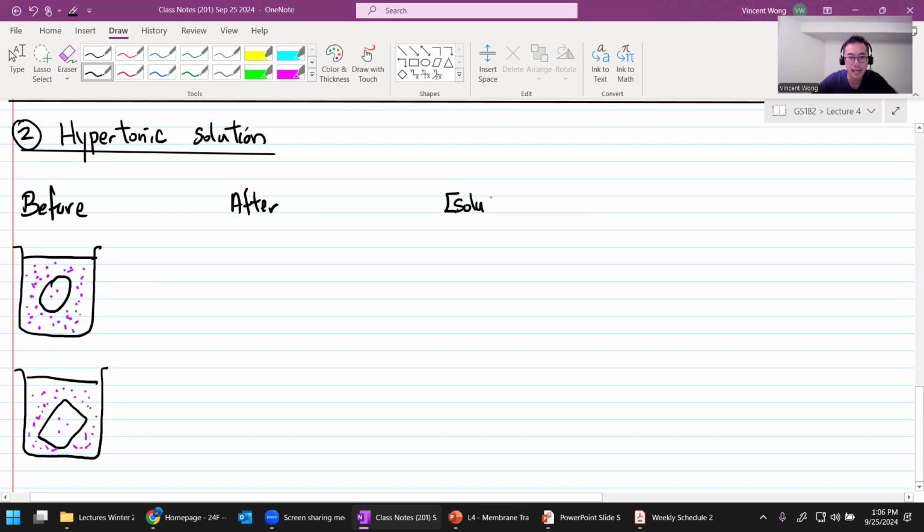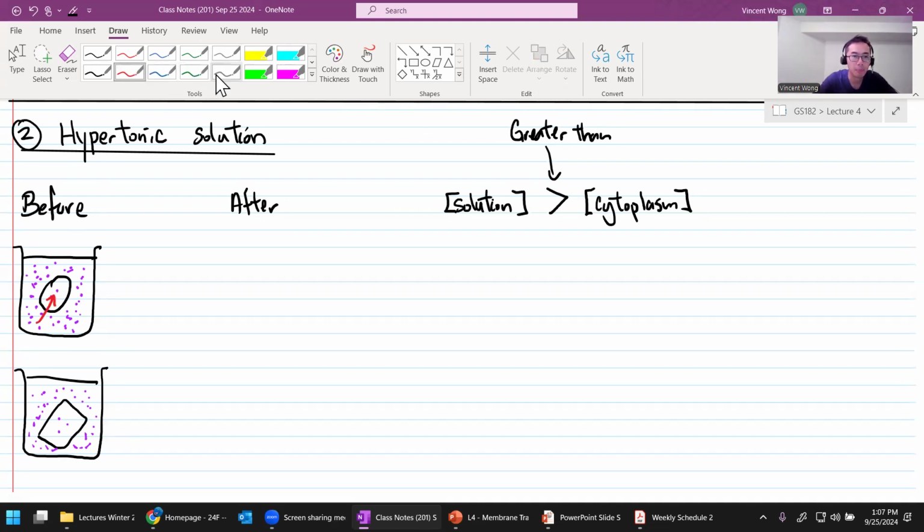Okay, very good. So let's write down the stuff first. In this case, the concentration of the solution is greater than the concentration of the cytoplasm. I think you learned this in math, but just in case, that's greater than. And so you will have water coming in, but more will leave the cell because the water is attracted to the saltier side. So it's not that the water's not coming in, but it's just not as much coming in as leaving.